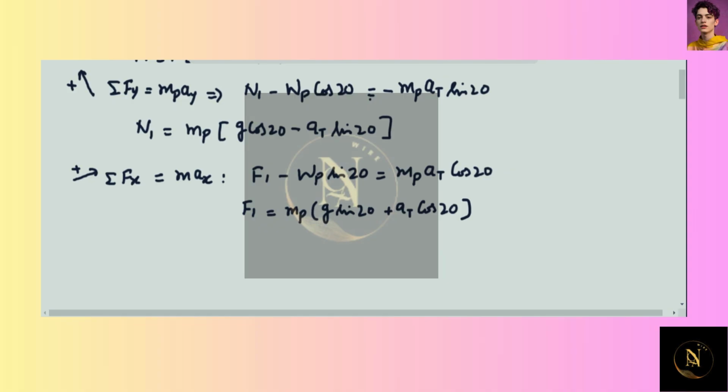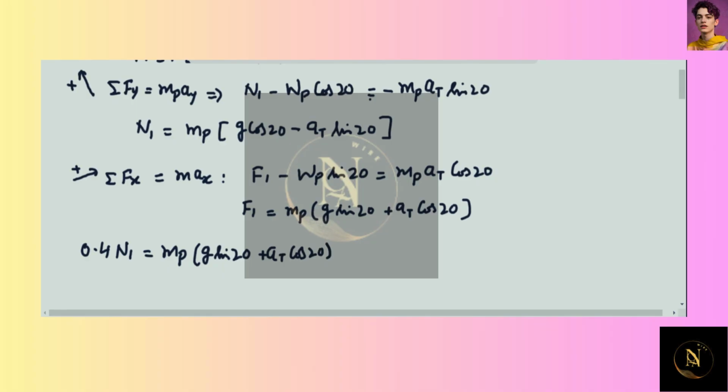And friction will be, already we have measured, 0.4 into N1. So 0.4 into N1 is equal to mp into g sine 20 plus AT cos 20.